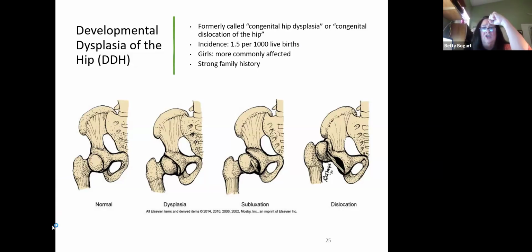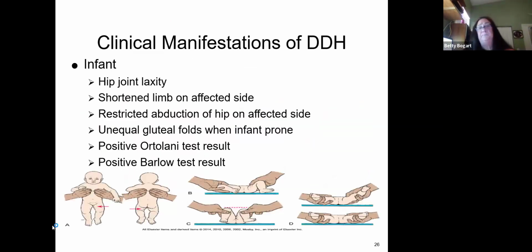So you're going to see a short leg on the side where that hip is not in the joint. And you're going to look at the gluteal folds, or the butt cheeks. One's going to be higher than the other because of where that hip is. You're going to hear clicking. You're going to see positive Ortolani, positive Barlow's, that short limb.